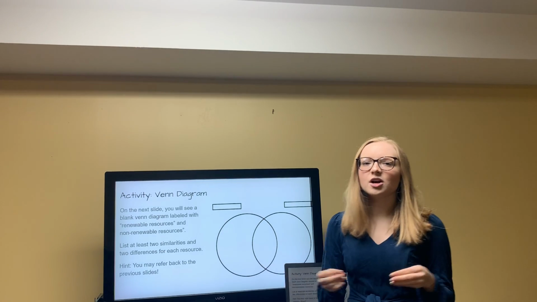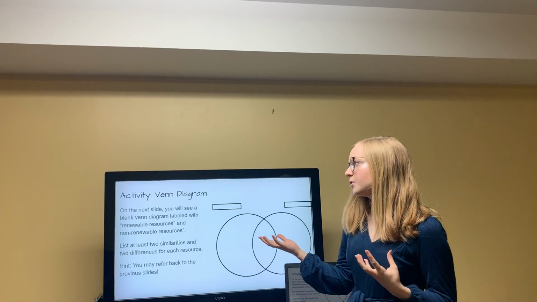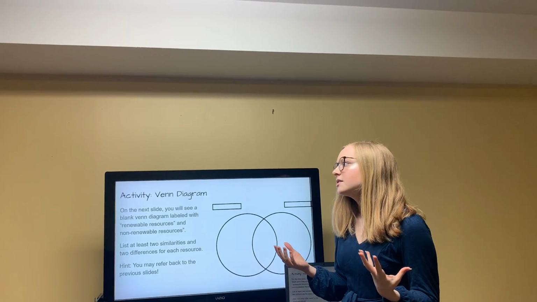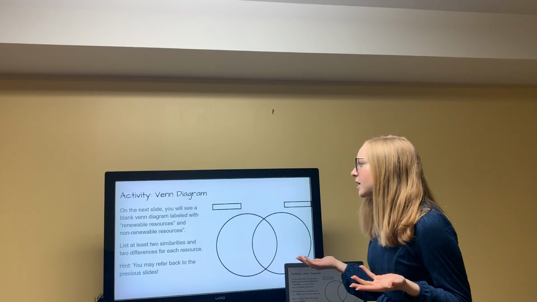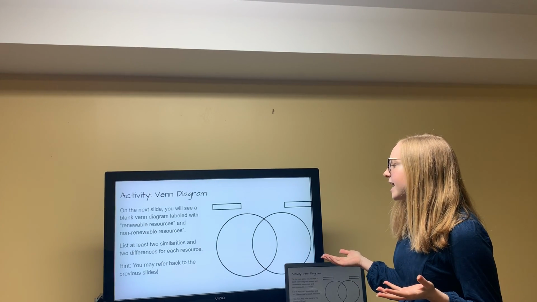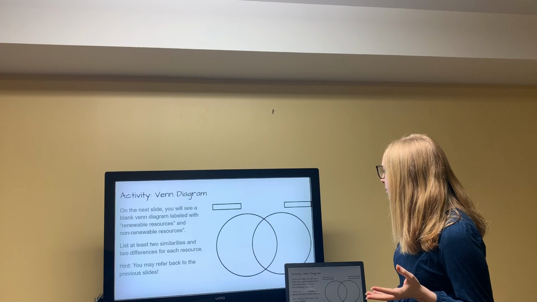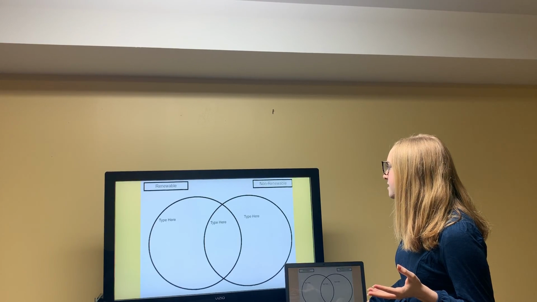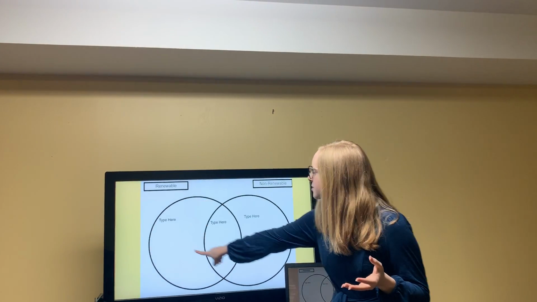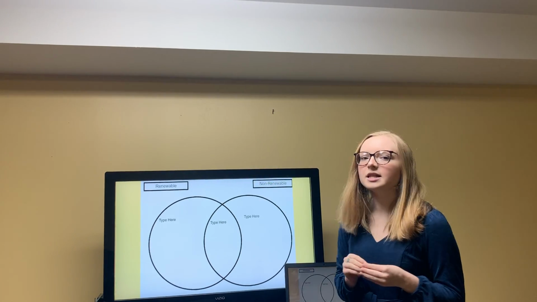Now that we have a better understanding of renewable and non-renewable resources, you're going to make a Venn diagram. So go ahead and take out a blank piece of paper, or you can just type on this box right here. There's text boxes included.